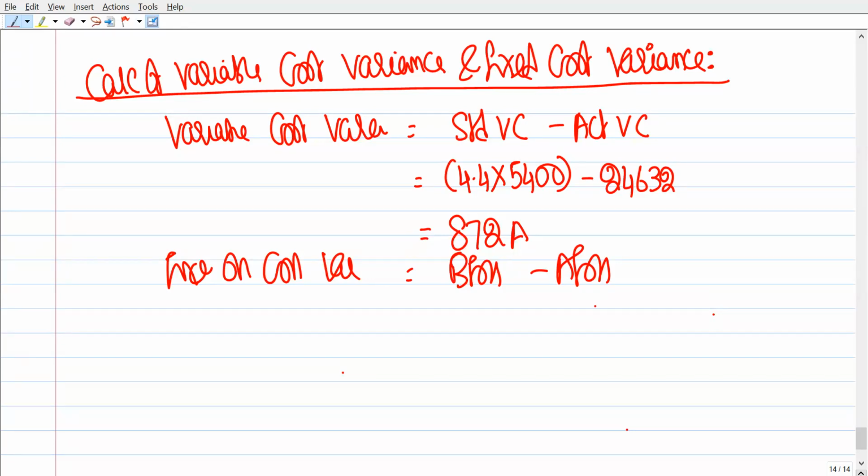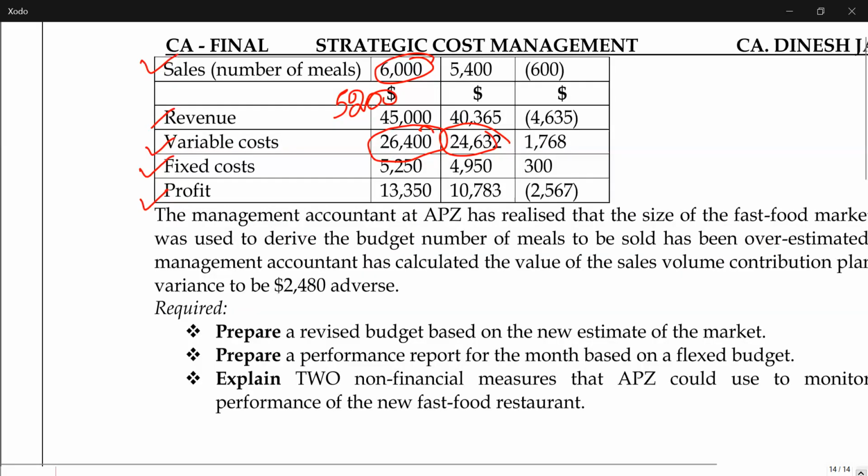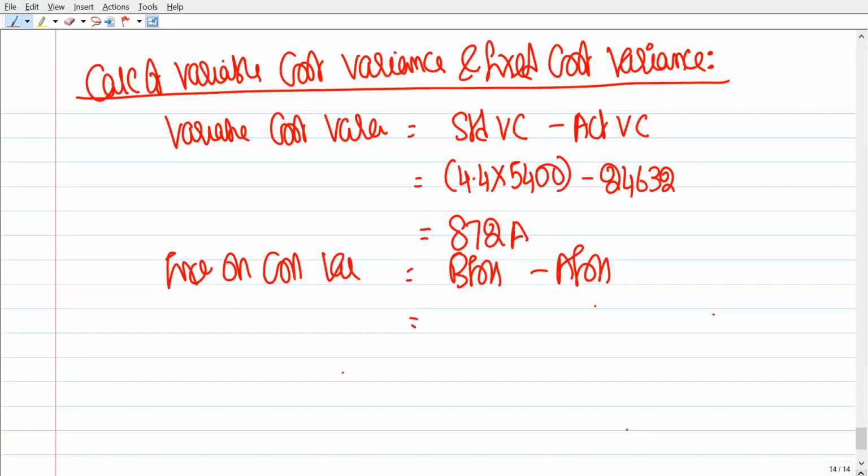BFOH is how much? 5250. 300 favorable. This is right what they have given, but the variable cost was not the right number.